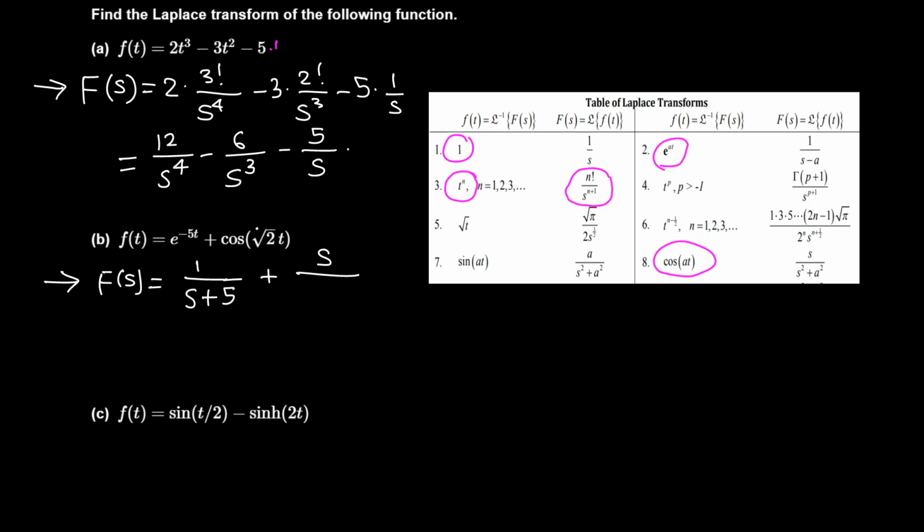Sorry, this is a, so it's kind of tricky. For cosine at, this a is only on the bottom, a squared, so s over s squared plus root 2 squared, which is 2. For sine at, we would have a on the top, like here, number 7, and this is it.